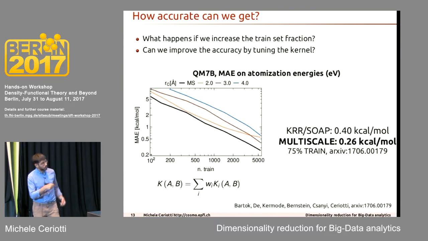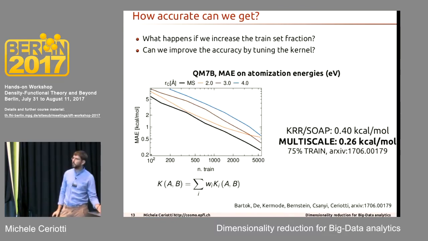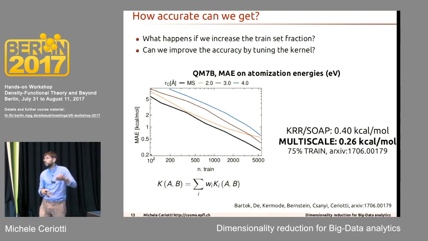And so, here we learn something about the scale of chemical interactions, and you can use this information to actually make the learning more efficient, and you can build a kernel which is a combination of multiple kernels. And this basically gives you consistently better accuracy across the board, and we basically can push the error down to 1/4 of a kilocalorie per mole.